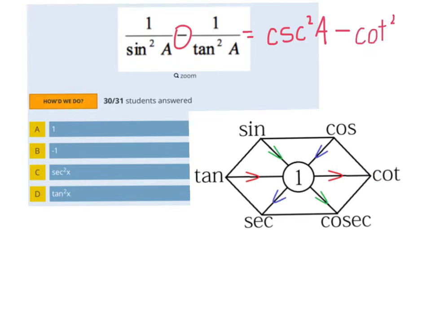And then I think we can take that further because that looks like a squared plus b squared equals c squared, or a subtracting version of it. So let's see. Cosecant squared minus cotangent squared. Okay, so using your Pythagorean rule, a squared plus b squared equals c squared.